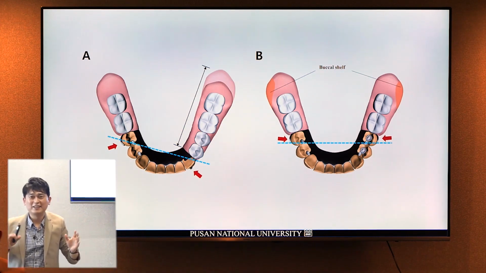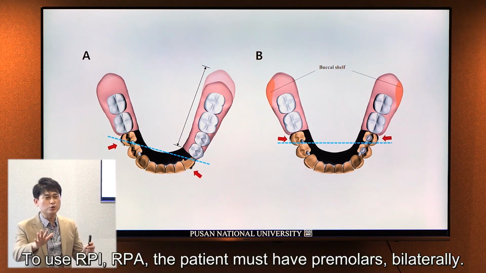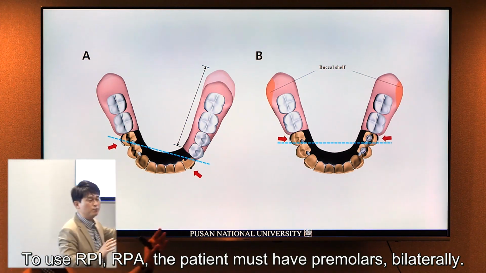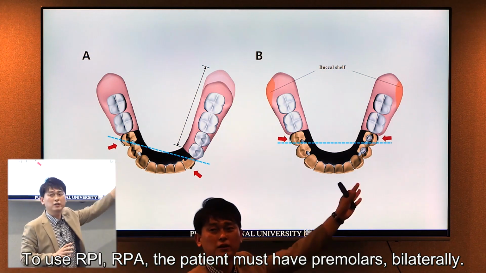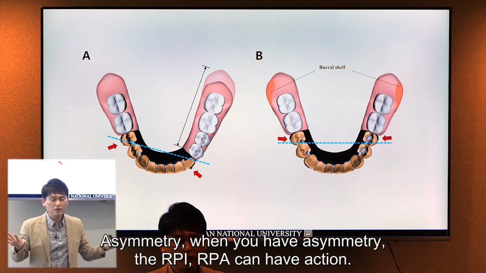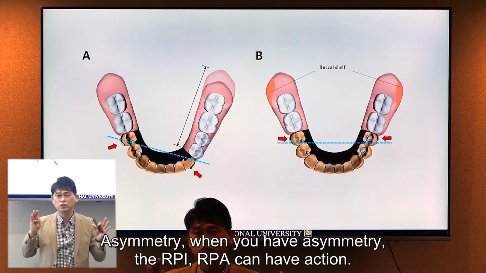Do you understand? To use RPI or RPA, the patient must have the premolars bilaterally. When you make it symmetric, the RPI and RPA can act.